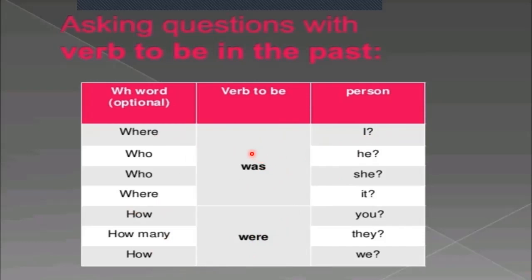We said before that we use here was and were as an auxiliary verb and main verb at the same time. Plus subjects: with was we use I, he, she, it, and any singular noun, and with were we use you, they, we, or any plural noun.